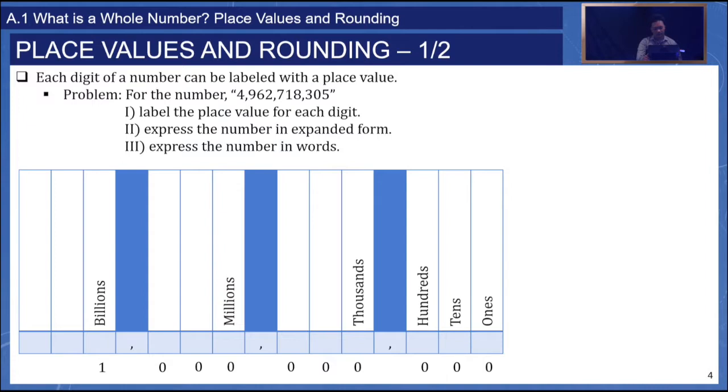Okay, so now you see after the ones place, it's tens, right? It's the same pattern for each step when you go for the thousands, millions, and billions. So after the thousands, we call it 10,000s. After the millions, it's 10 millions. And after billions, it's 10 billions.